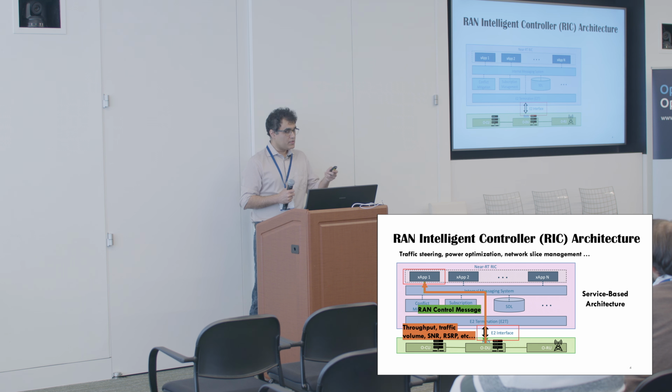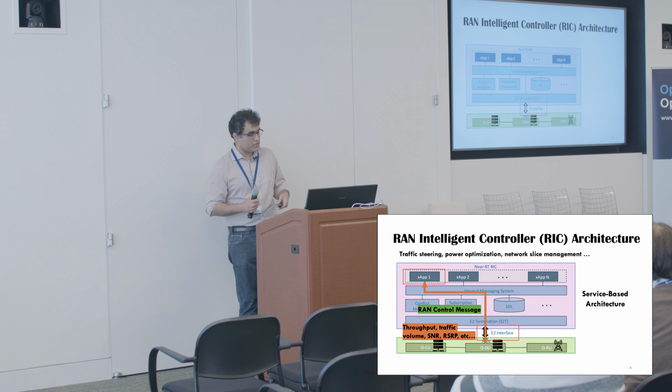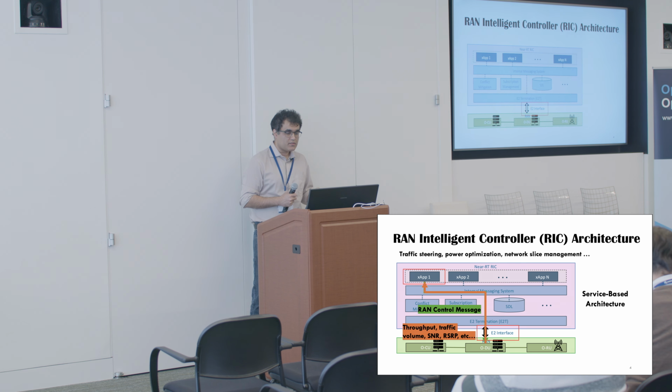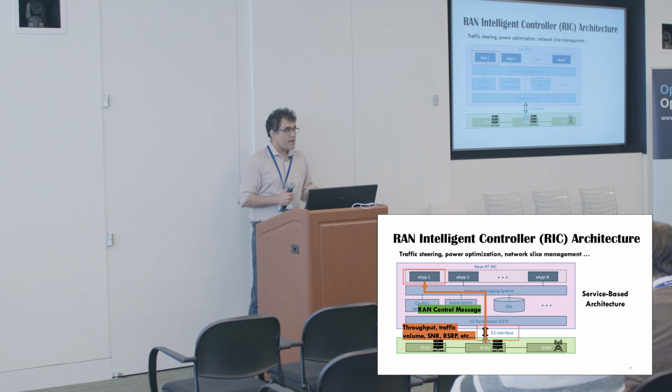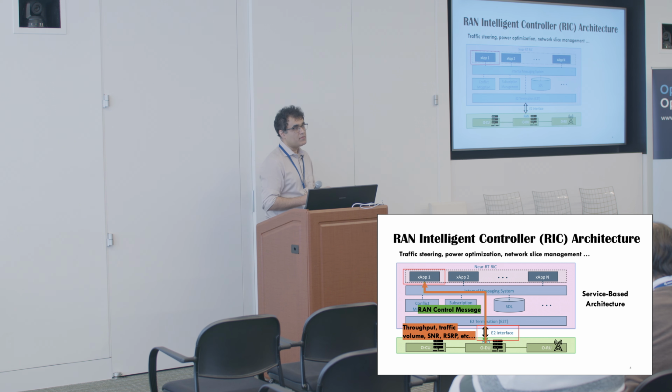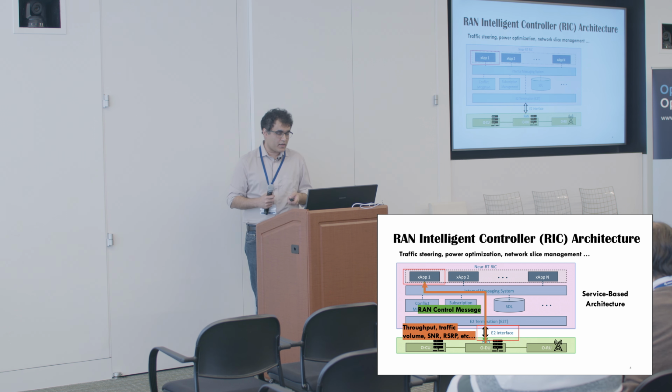Through this interface, the RIC can collect the metrics or data. And one of the main enablers of the network optimization is the XApps. XApps are for the near real time RIC, and RApps are for the non-real time RIC.